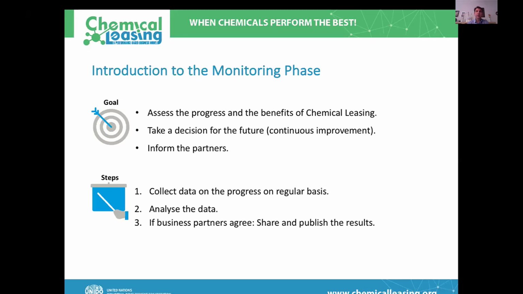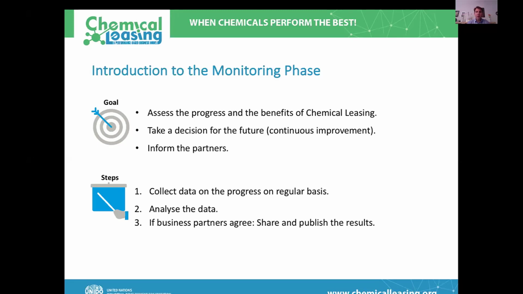And then, last but not least, you should inform each other, if you are talking about supplier and user, or as in the SafeChem case, also machine producer. You have to share this information with the partners, but we encourage you to share this with the wider community so you can first show that you are using this business model in a smart way, and then you can also help the others to introduce this business model.